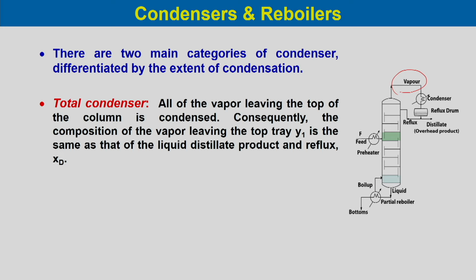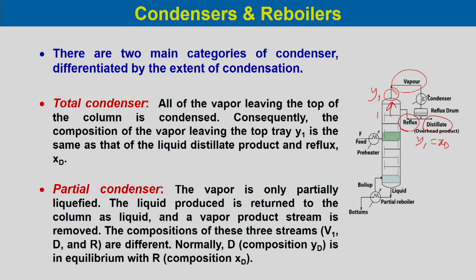Consequently, the composition of the vapor leaving the top tray, say tray number 1, is Y1, and it is the same as that of the liquid distillate product and reflux, XD. Because all the vapors are condensed, the reflux composition and the distillate composition would be the same as Y1. So, Y1 would be equal to XD.